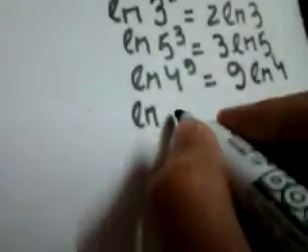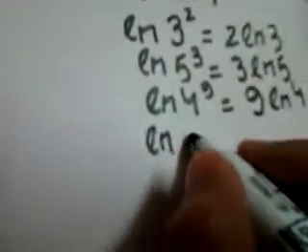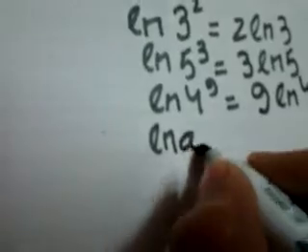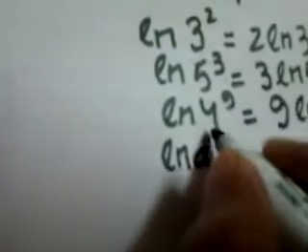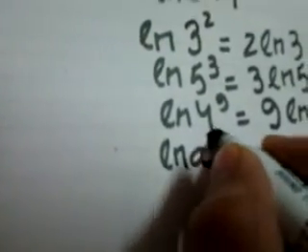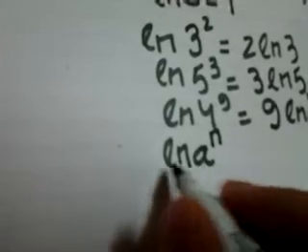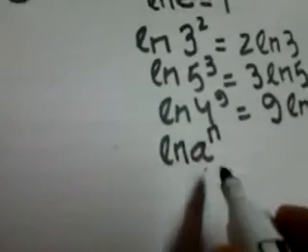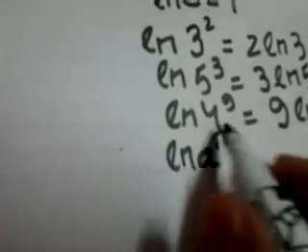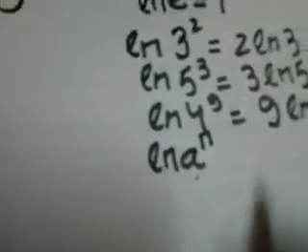So in general, let's take any number, 1, 2, 3, 4, anything. That number I'm going to represent by a. So ln a to the power n, where n is also any number. So ln 5 to the power 3, a is any number, n is also any number, so it may be 2 to the power 3, 3 to the power 5, anything.